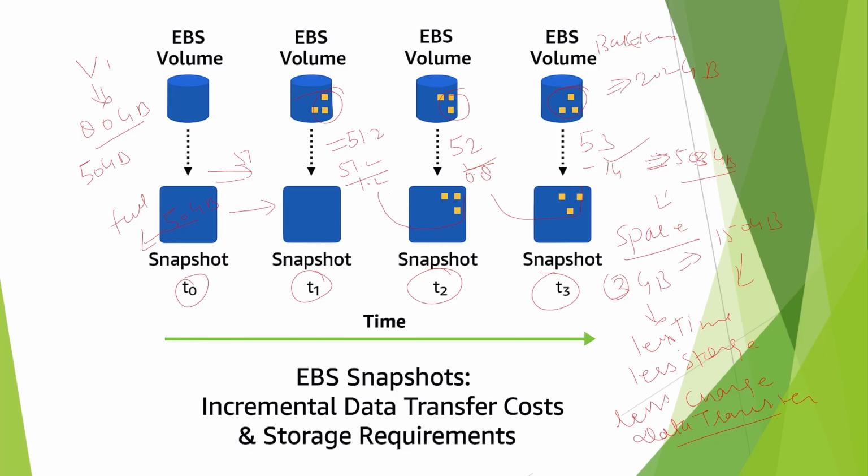Got it? So that means we prefer incremental changes. Okay, EBS snapshot, incremental data transfer cost, and storage requirements. I hope you got my point.